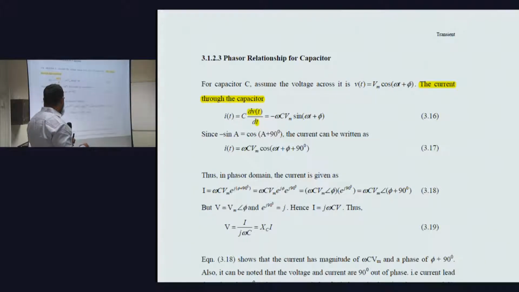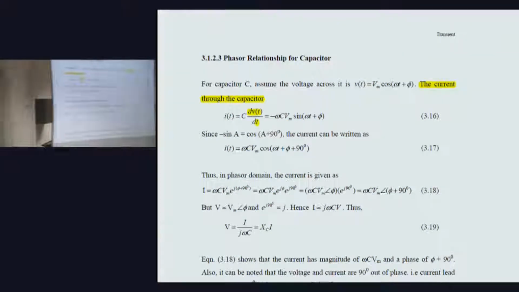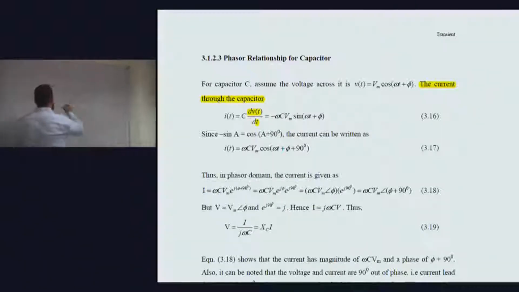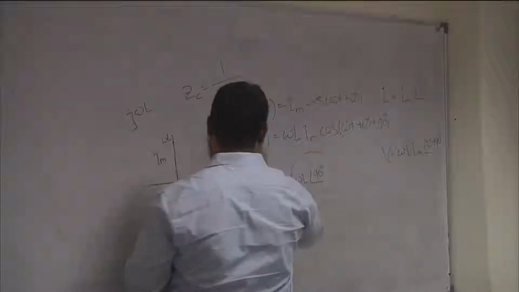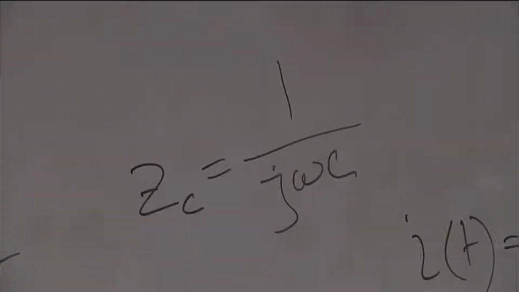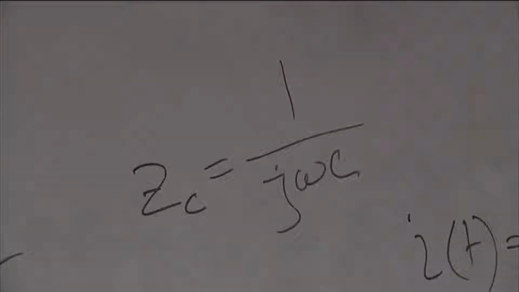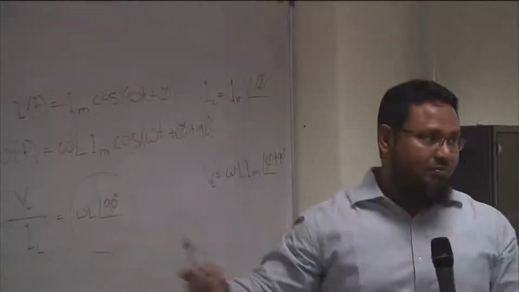If you carry on, you will end up in a very similar relationship. The only difference is you carry on in the same way we did for inductors. And at the end, what you get is ZC, which is the impedance because of the capacitor, equal to 1 over j omega C. For the inductor, it was j omega L. You proceed the same way, with just a couple of steps, and you end up with this relationship.